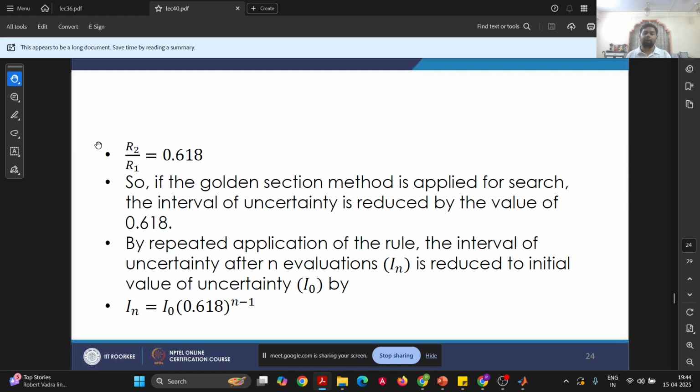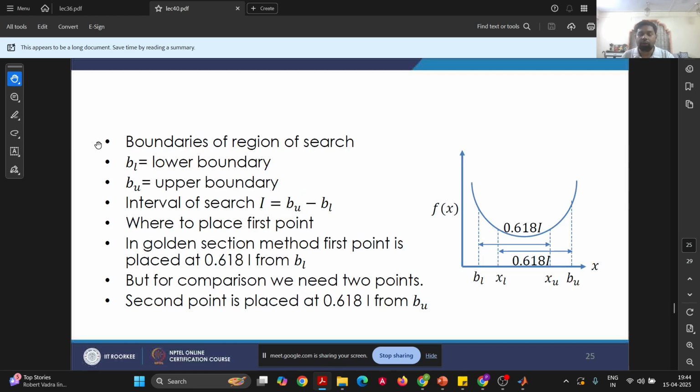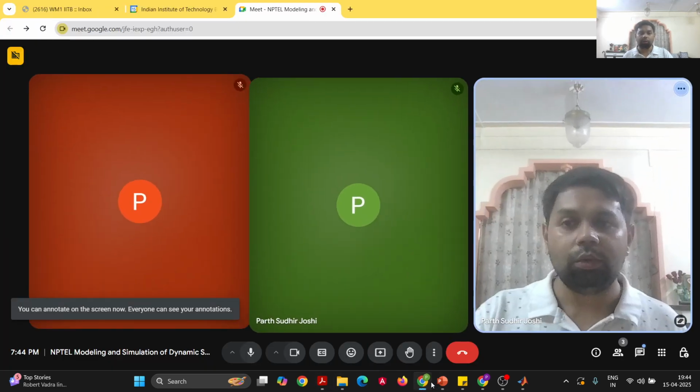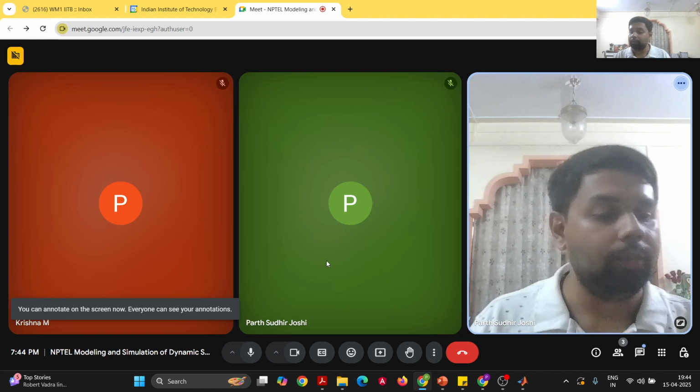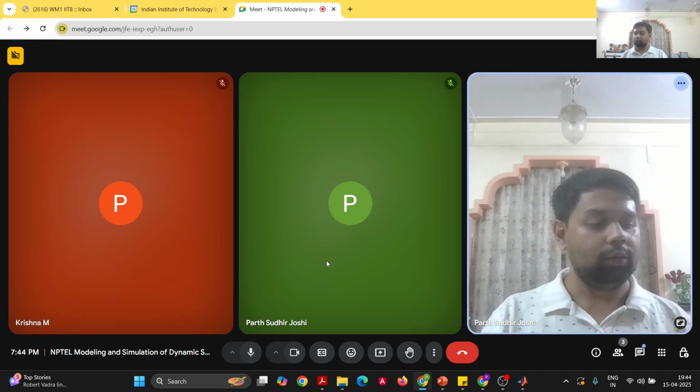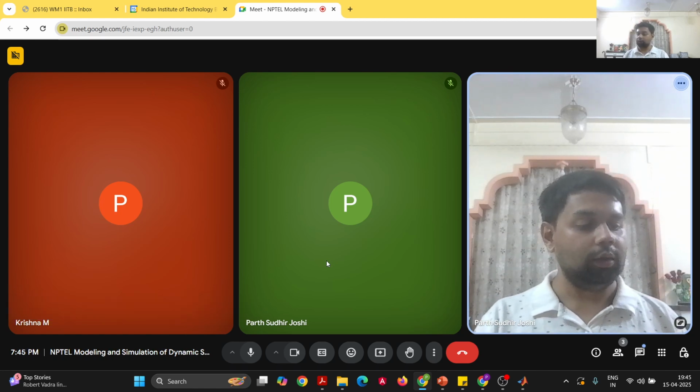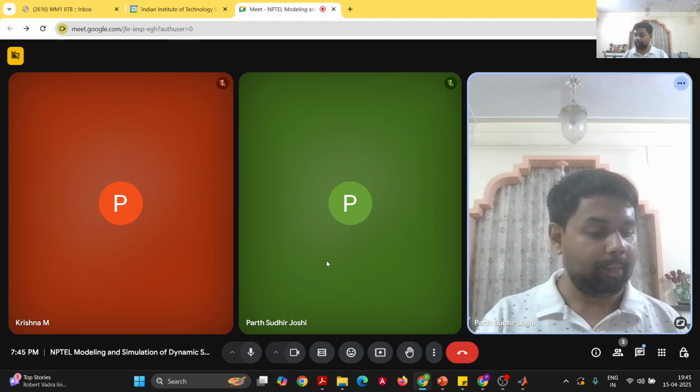So basically we are trying to contract our interval in which we are searching for the optimum. So yes, the correct answer to this question is that we are trying to contract the interval in which we are searching for the optimum.